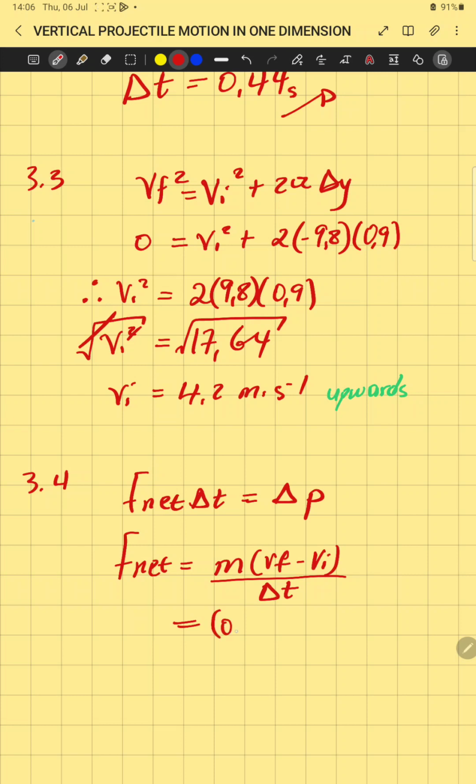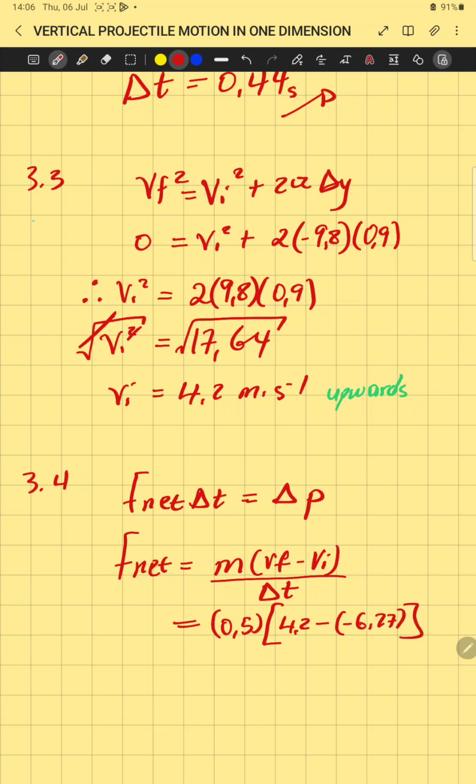Remember, the mass is 0.5, and the final velocity there should be 4.2, minus negative 6.27.